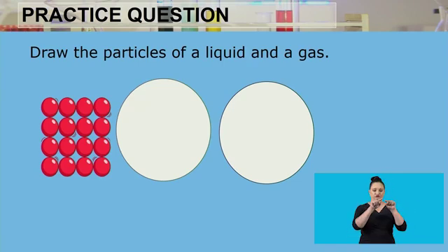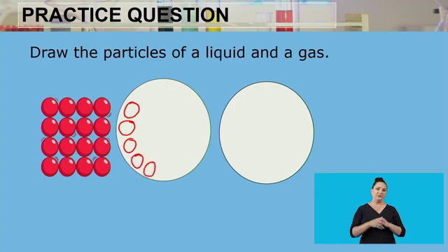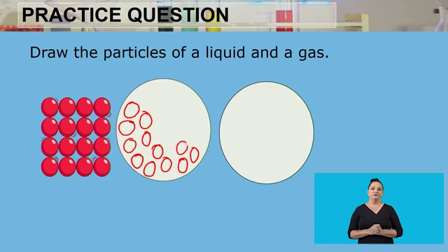So you're going to draw the particles that make up a liquid and the particles that make up a gas. You must always remember that the spaces between our liquid particles are slightly bigger than the spaces of a solid.